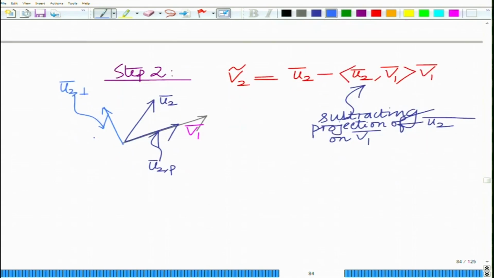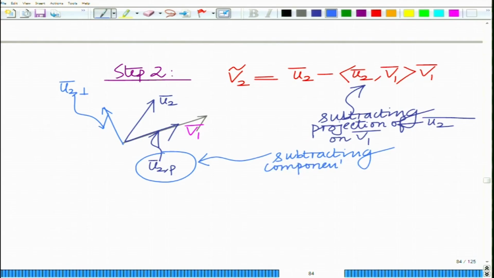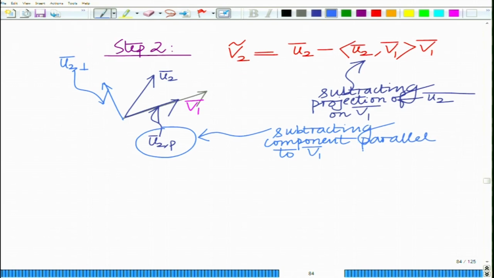So, what we are doing is we are subtracting this component along V1 bar and retaining whatever is perpendicular to V1 bar, that creates basically the orthogonality property.